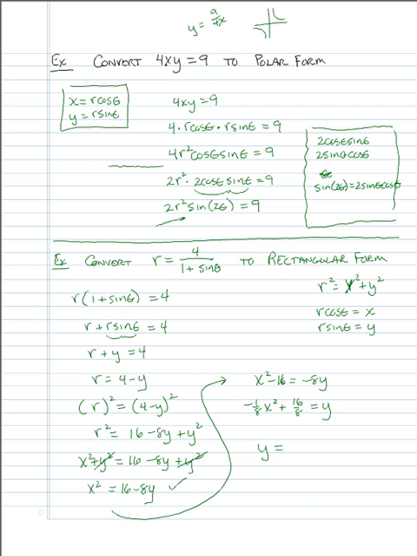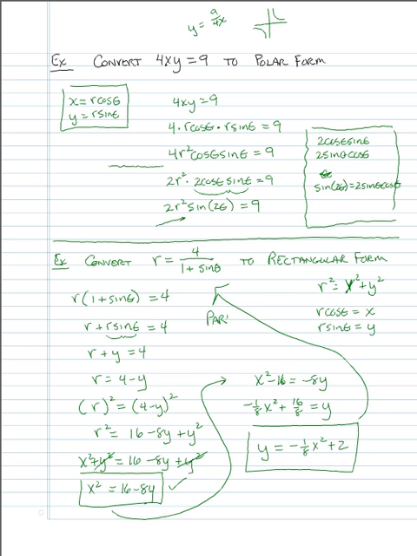Or I could write that as y is equal to negative 1/8 times x squared plus 2. And so we clearly see that we have a parabola. I'm not suggesting that we would necessarily write it in that way. This is probably okay right there. But that is a parabola we recognize immediately if we were to graph it. And so that tells us what we started with, if we were to graph it, would have been a parabola.